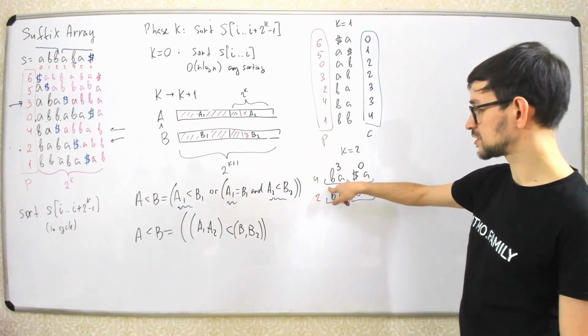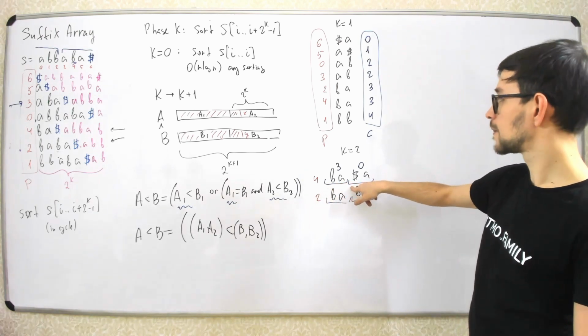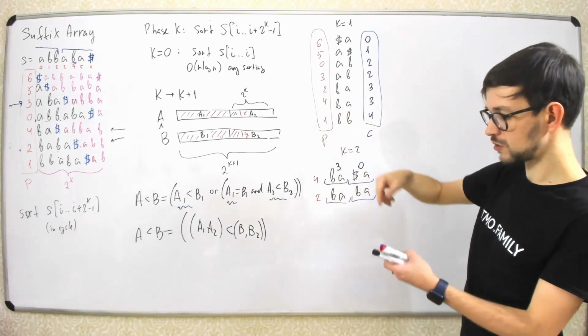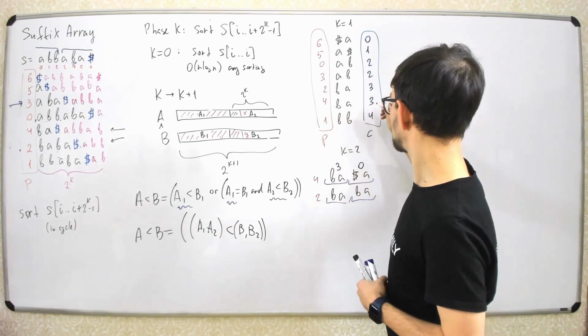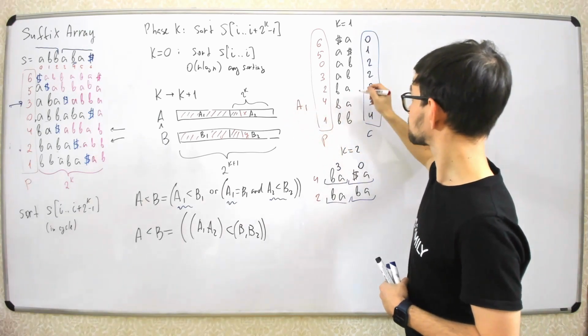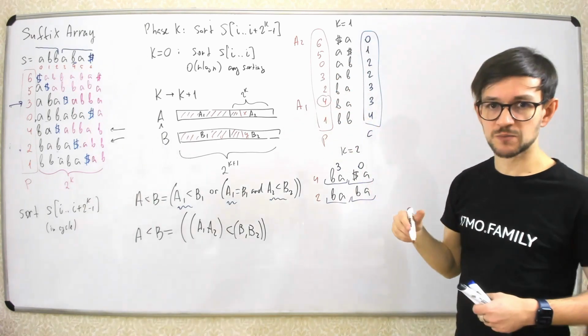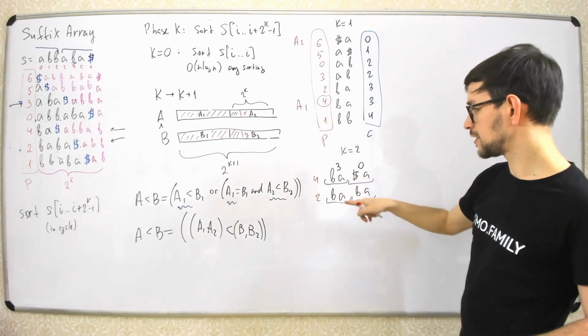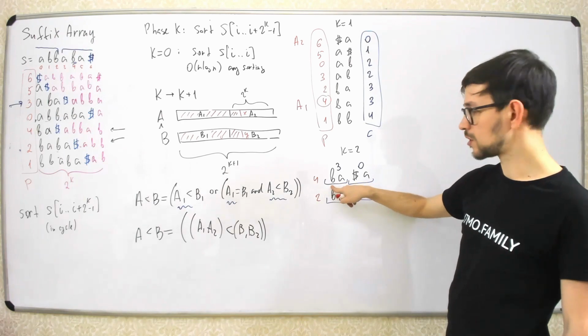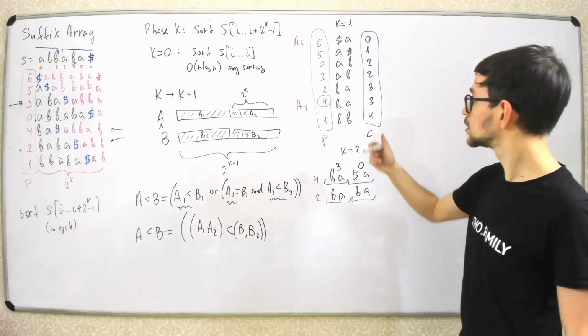So the position of this string is 4, and the position of this string is 6. So we find string 4, this string will be A1, and this string will be A2. Again, we can find them just by using these indices. We know the index of this position is 4, so the index of this position must be 6.